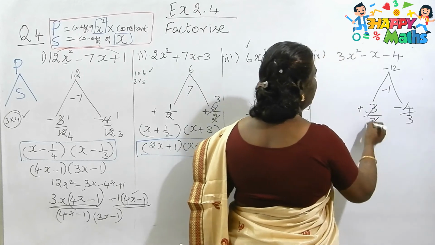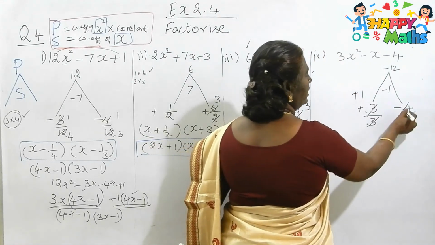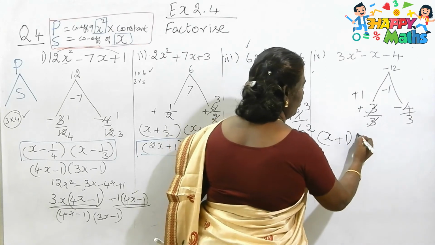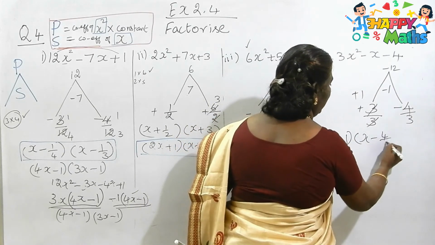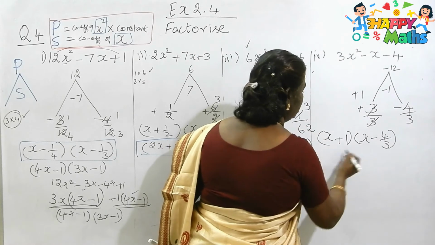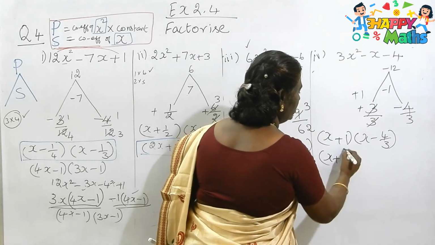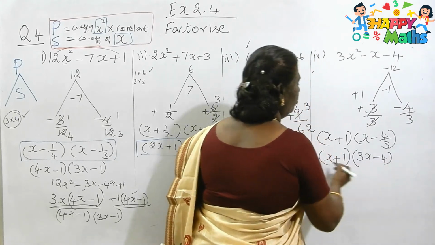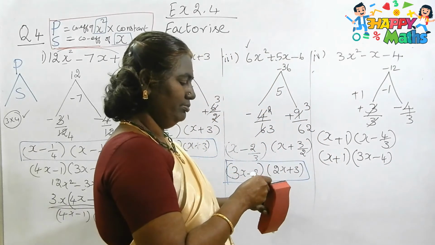When I divide by 3, it is plus 1 here, and minus 4 by 3. Let me write straight away x plus 1 and x minus 4 by 3. So, here it is the denominator. You can have a cross multiplication. So, it will become 3x minus 4.